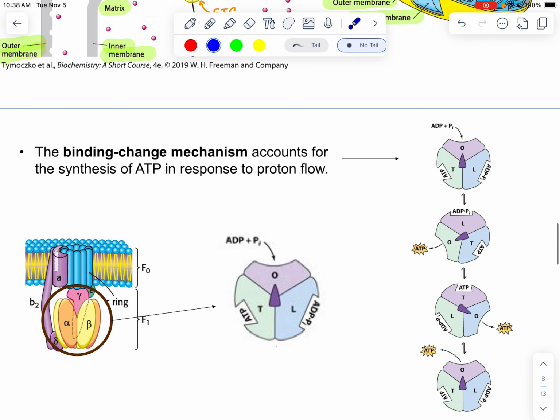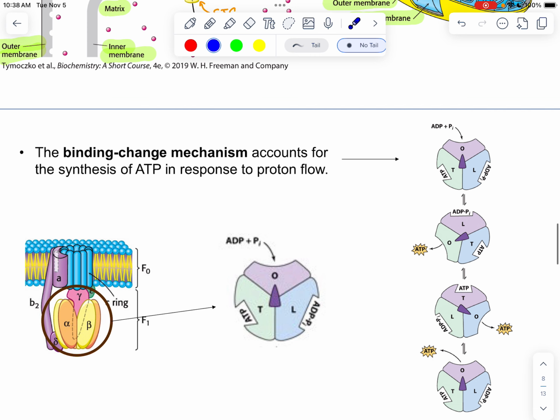All right, so back to our question. If you remember, what we really now want to talk about is why does that rotor spinning cause the active site to work, and how do the A and C subunits allow the protons to go through? Okay, so let's orient ourselves here.